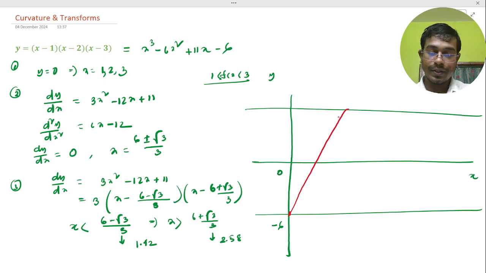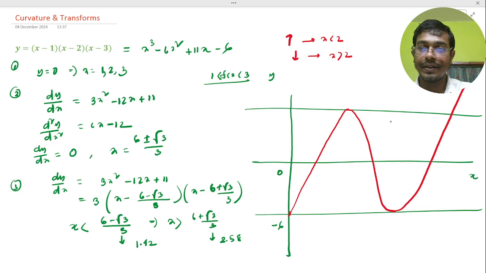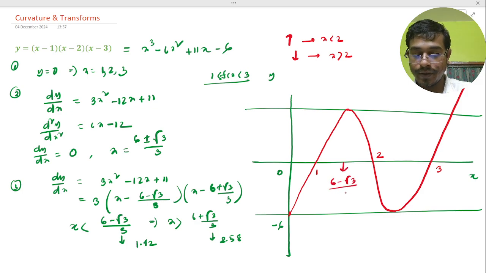The graph goes in the upward direction to a maximum point when x is less than 2, and downward when x is greater than 2. Ultimately it touches the minimum point and is then increasing. This one is 1, that one is 2, that one is 3. This point is 6 minus root 3 by 3, and that point is 6 plus root 3 by 3.